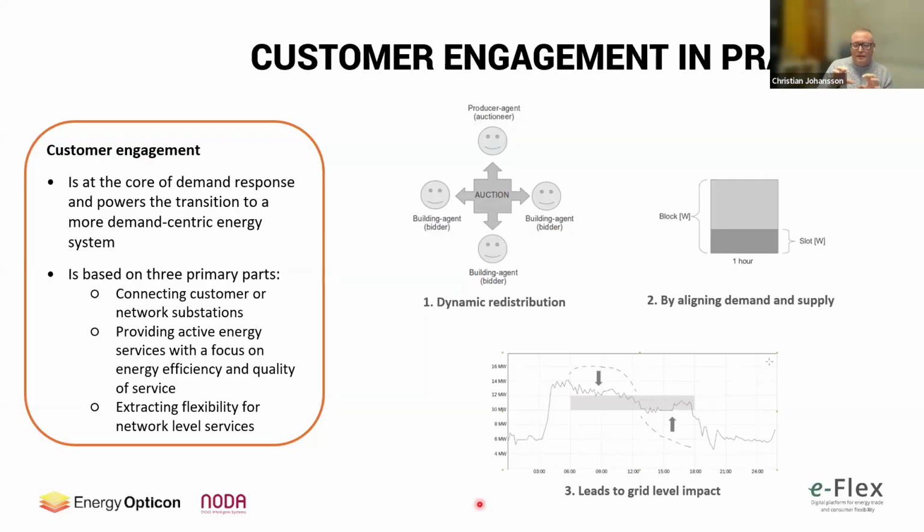You add all your kilowatts up and you get your megawatts. That gives you a grid-level or network-level impact, where you can move things around in the demand profile of the whole network. So this is basically how it works under the bonnet.